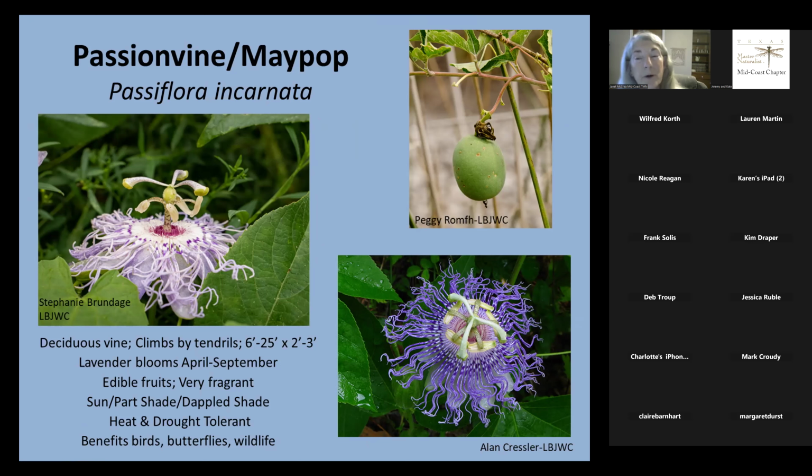Sometimes when they're little baby plants, they'll still have only 3-lobed leaves, but then as they get bigger, you'll see, uh-oh, now it has 5-lobed leaves. So it would probably be Passiflora incarnata or one of the other cultivars of passion vine.